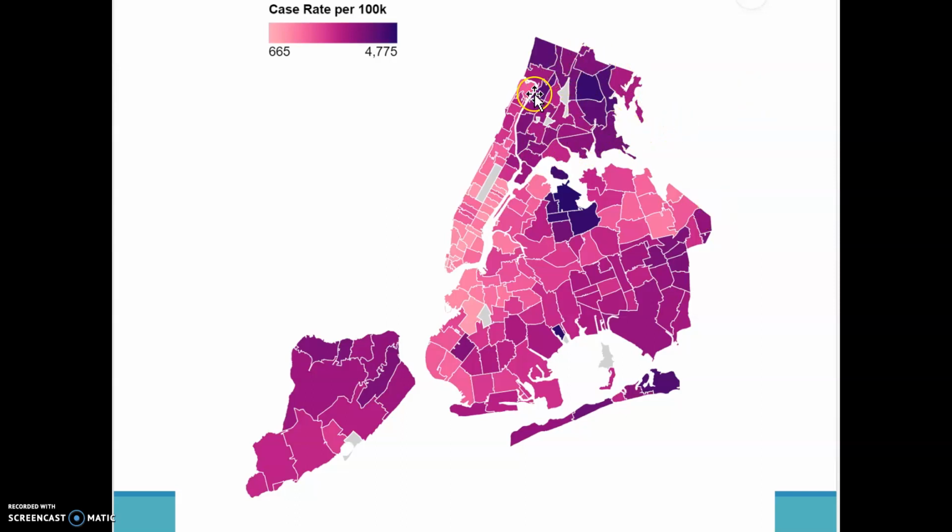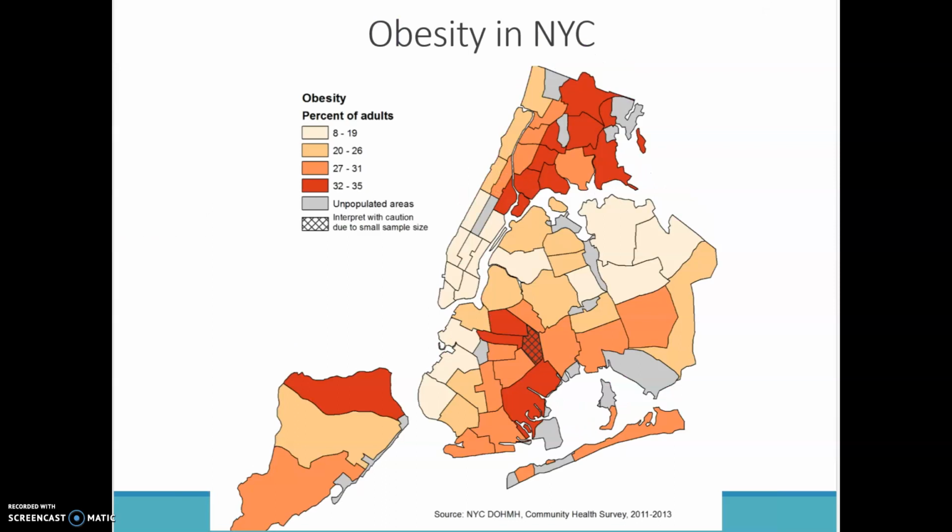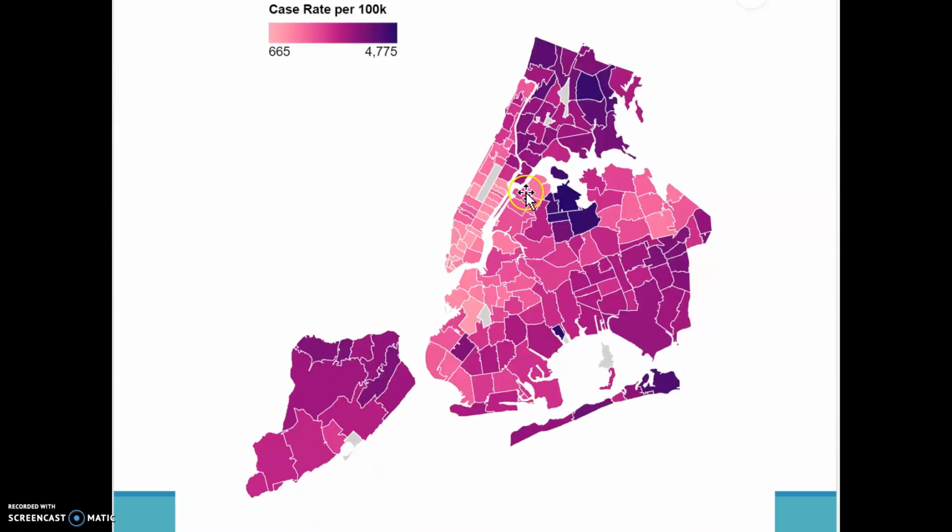You can see that there are definitely certain communities that have higher rates. Interestingly, those overlap with some of the communities that also had higher rates of obesity. And so we see here that it's not only certain race and ethnic populations, but also certain communities within New York City.